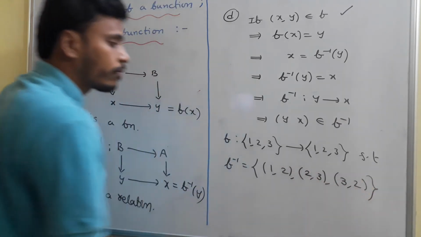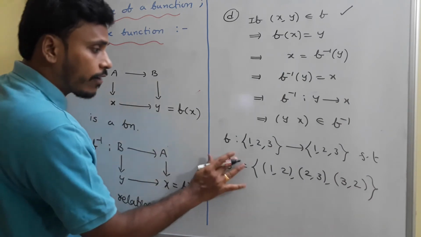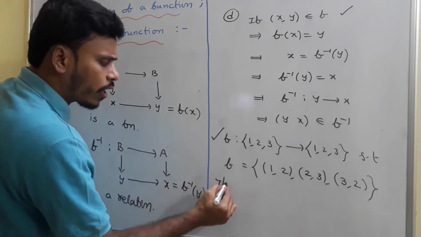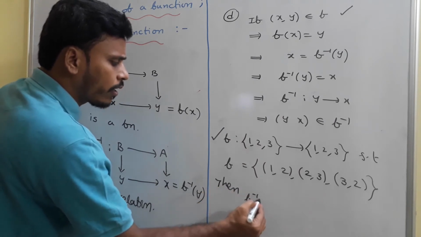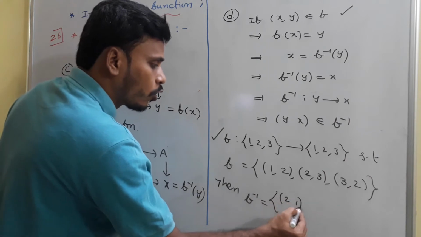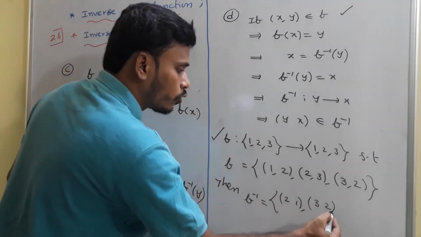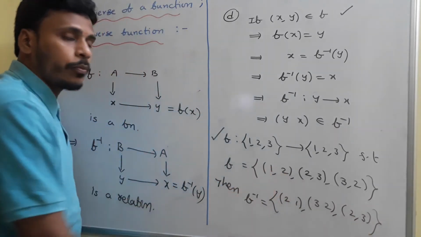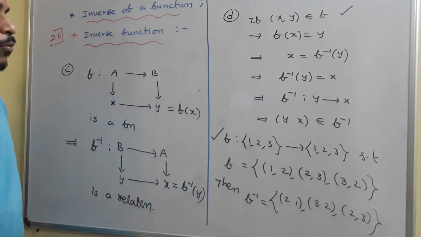Then what do you say about f inverse? Easily we will say that f inverse contains the ordered pairs 2, 1, 3, 2 and then 2, 3. Just look, we need to interchange the positions of x and y. That's about f inverse.